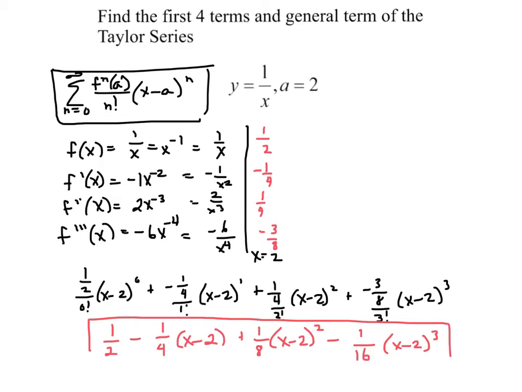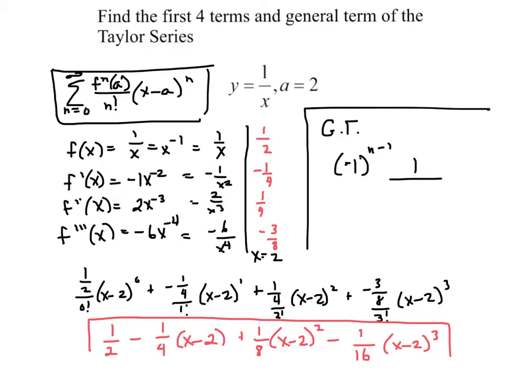Now, the general term. Well, I see that it's alternating. I'm going to put the general term up here. I see it's alternating, so it's got to have a negative 1 to the nth. The first term is positive, so it better be like n minus 1 or something. Of course, every term has an x. Looks like every coefficient numerator is going to be 1, so we could have 1. Every term is going to have that x minus 2 to the nth power in it.